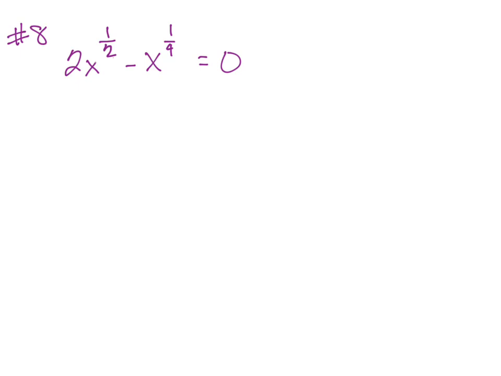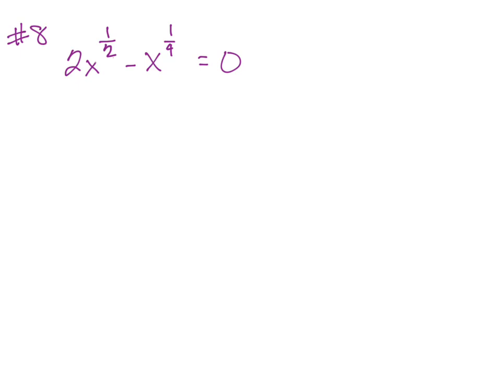So from the example, our first step was set it equal to 0, right? This one's already equal to 0. Look back at your notes. What did we do next? Before we could factor out the GCF, we had to rewrite it with common denominators. Okay, so don't factor anything out until after we've rewritten it.